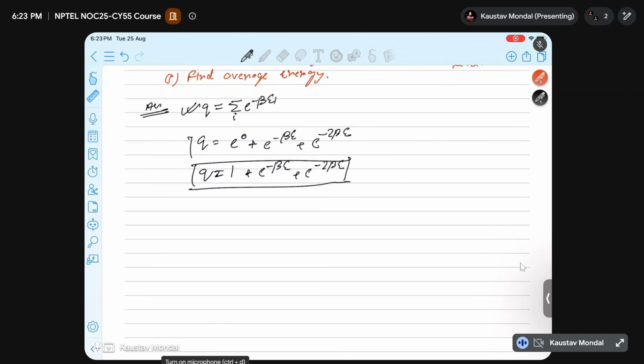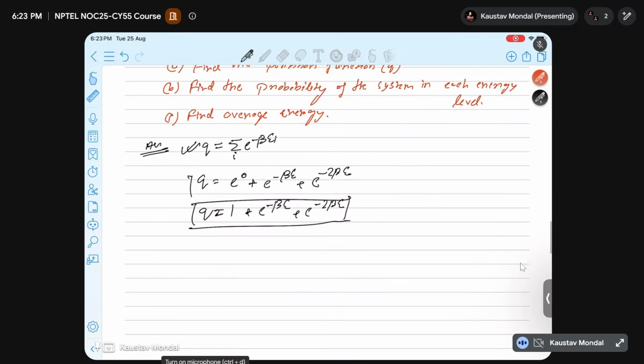So this is the first quantity we have already calculated. The second thing they are asking is the probability of finding the system in each energy level. There are three energy levels.